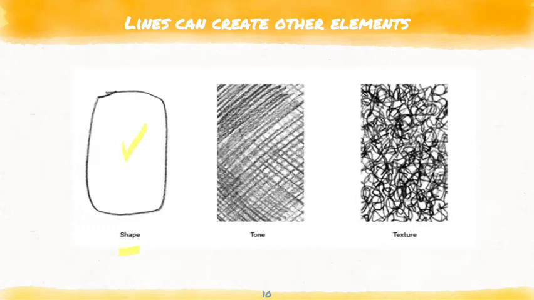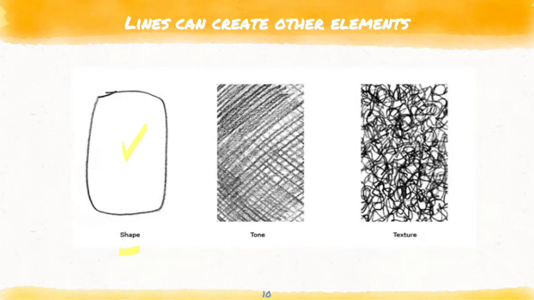So lines that are being bent for closure become shapes. Hatching, on the other hand, produces tone. Hatching happens by shading with closely drawn parallel lines. So when you draw with parallel lines, shading closely, that gives tone.